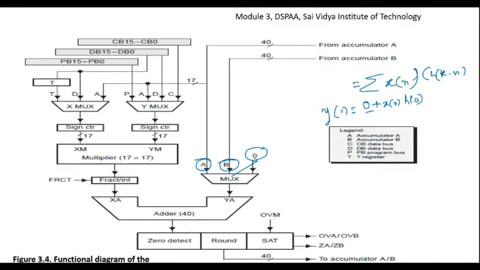If OVM is equal to 1, then the destination accumulator is overloaded, having more than what it has to store. Then again this data has to be stored into accumulator register A or B. So this is the functional block diagram of the multiplier and adder unit.